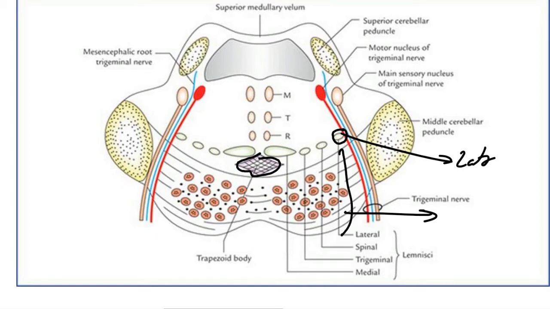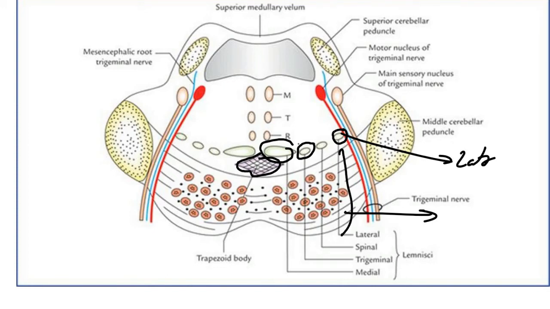Now altogether we have the four lemnisci: the medial, and you can see this is the trigeminal lemniscus. As I said, the main motor nucleus for the sensory and the motor trigeminal nerve is present in the pons itself.